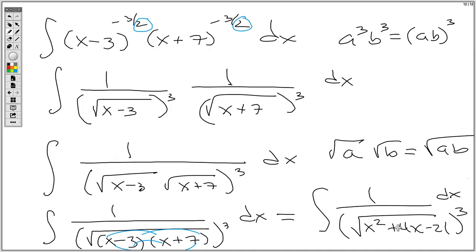Are there any questions on the exponent or radical properties here? So let's take a look at what's going on.